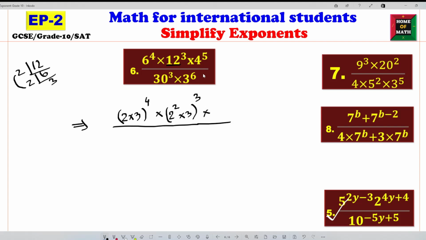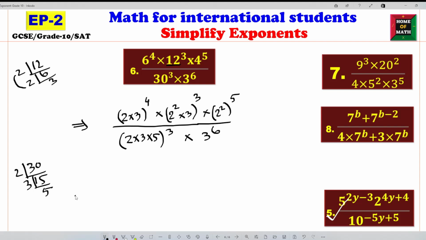Times 4, we can write 2 square to the power 5, right? 30 we can convert: divide by 2 it becomes 15, divide by 3 it becomes 5. So 2 times 3 times 5 is 30, then power 3, right? Times 3 to the power 6.